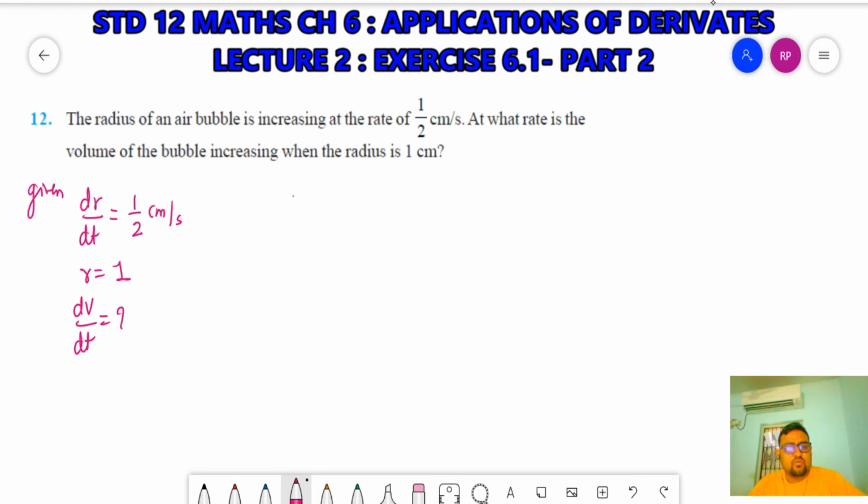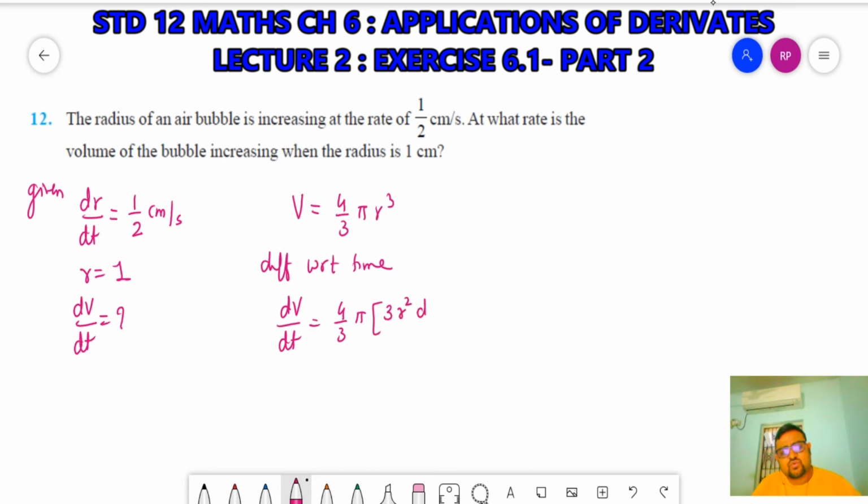Okay, so the volume of an air bubble will be spherical, so it will be 4 by 3 pi r cube. Differentiate with respect to time. So dV by dt will be equal to 4 by 3 pi constant, derivative of r cube with respect to time, 3r square dr by dt.